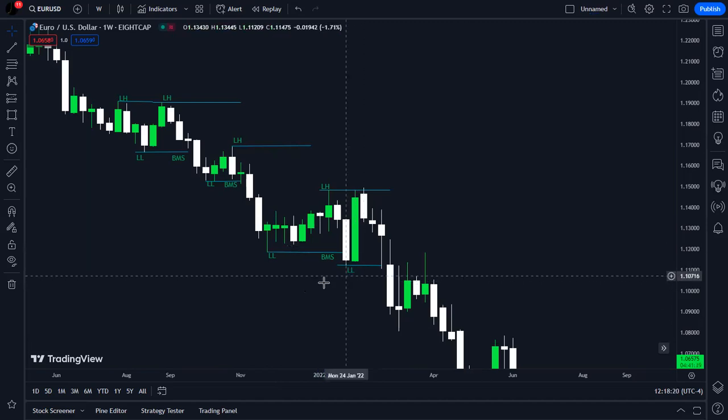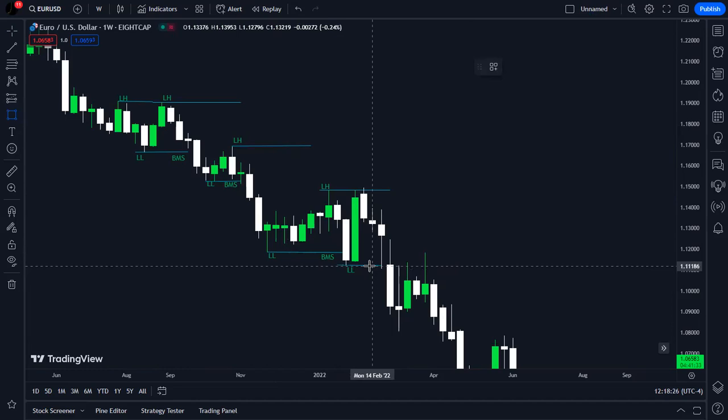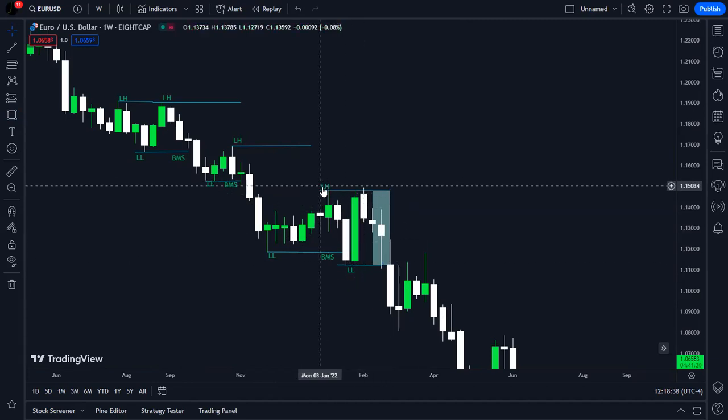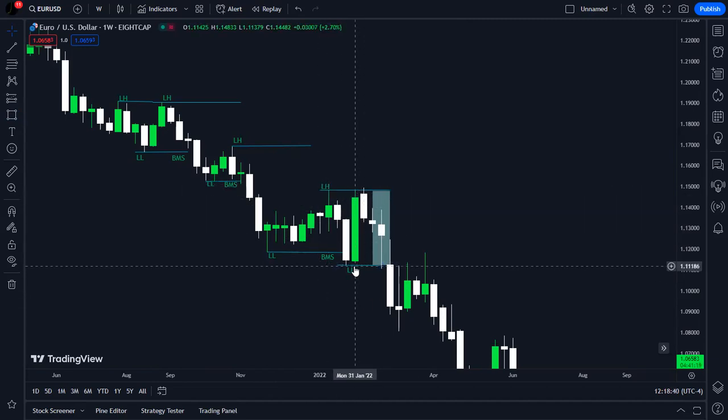And currently our dealing range is between this lower high and this lower low. So lower high, then lower low. This rally is a retracement within this range, between this lower high and this lower low.